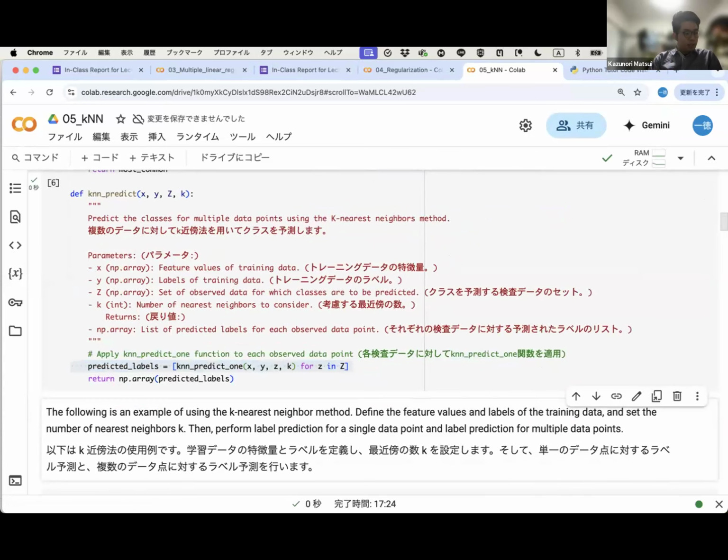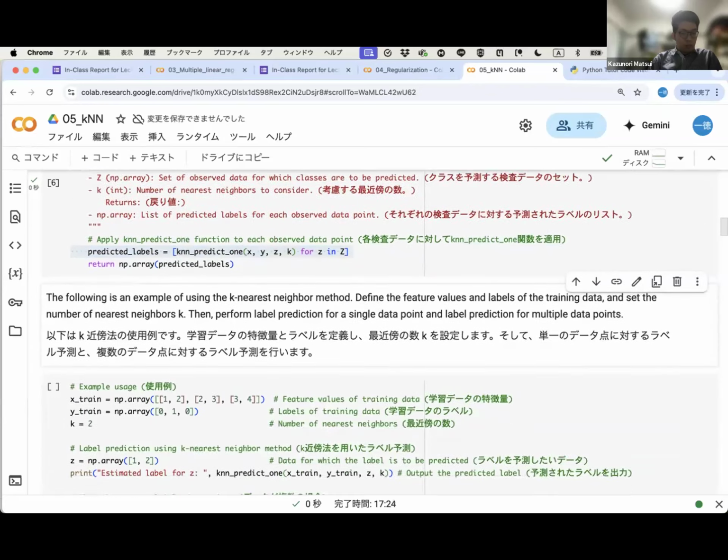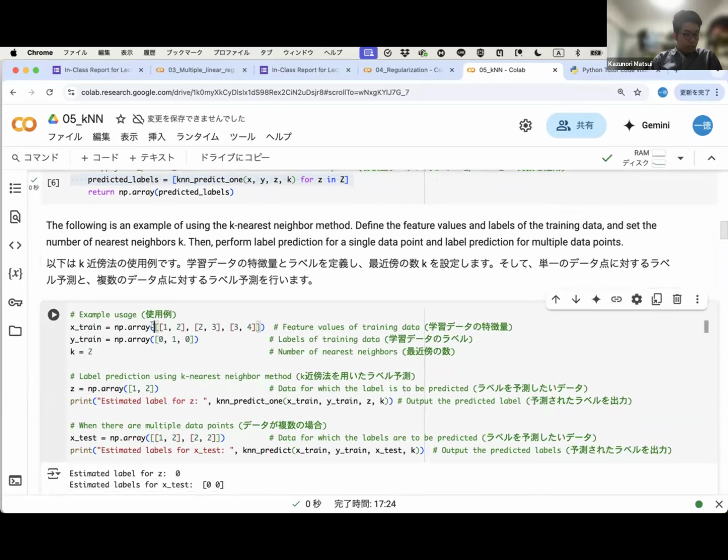Let's say we have 3 data points, and each of these 3 data points has been assigned labels 0, 1, and 0 respectively.